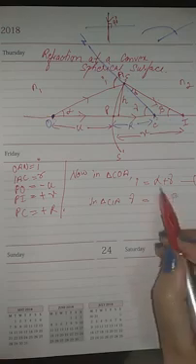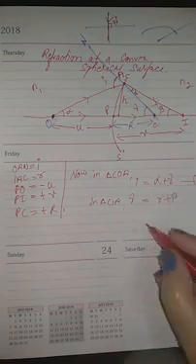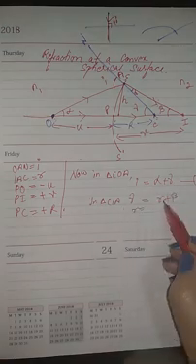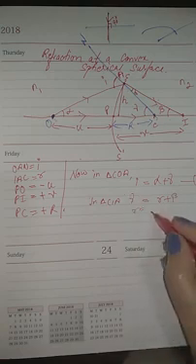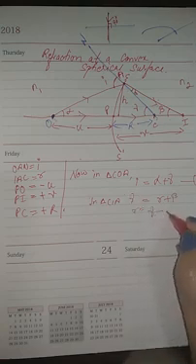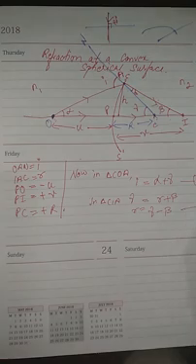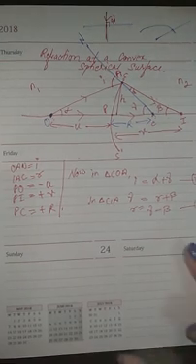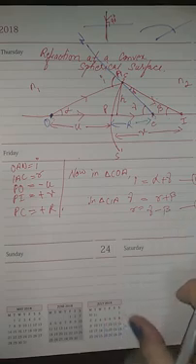Now from this same equation, if you take r to one side and bring gamma this side, you can write r is equals to gamma minus beta, equation number 2.